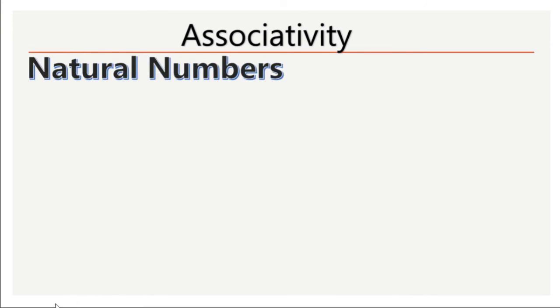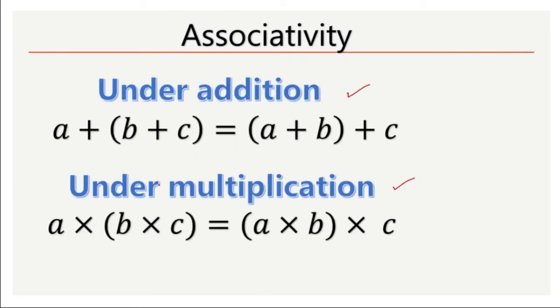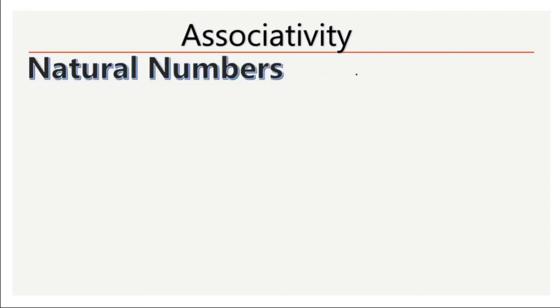Let us take up an example and check the associative property, both under addition as well as under multiplication. I'll consider a simple example, 1, 2, 3 belonging to the set of natural numbers.